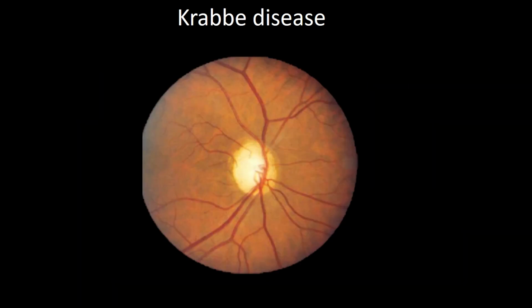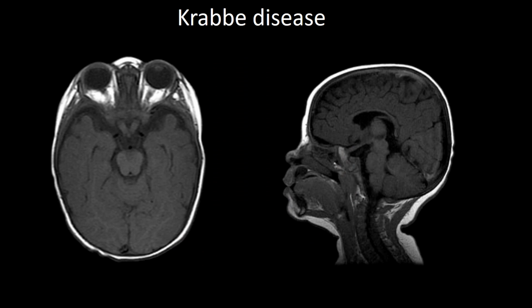Fundoscopy reveals optic atrophy. It is interesting that in the neonatal period and shortly after, as you can see in this MRI, the optic nerves are thick, as demonstrated by this transverse MRI view, and also in this sagittal MRI view.